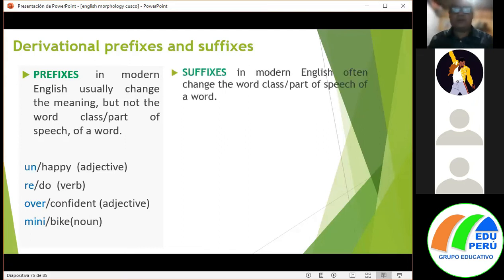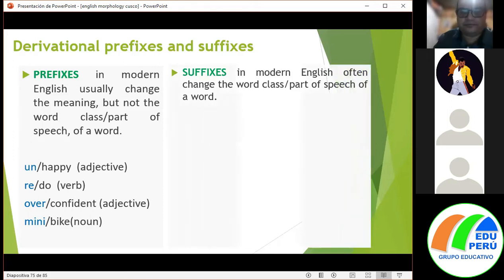Now, what happens when we use suffixes? In modern English, they often change the word class, the part of speech of a word. Most of the time. Notice, most of the time, because there are sometimes that you don't change the type of word. Let's see.